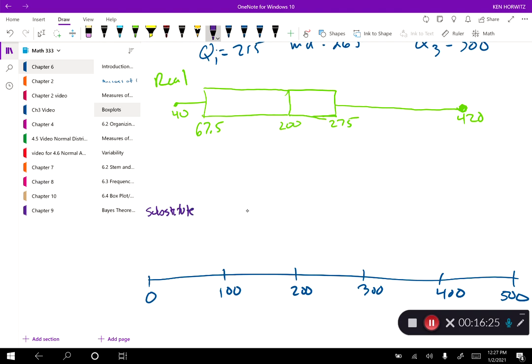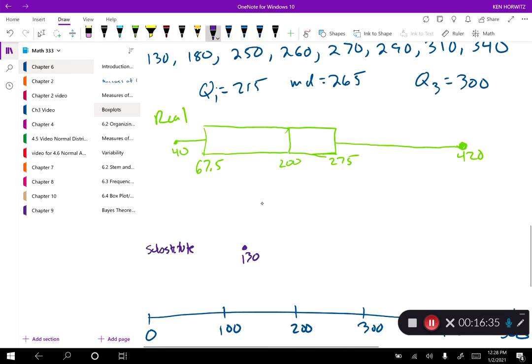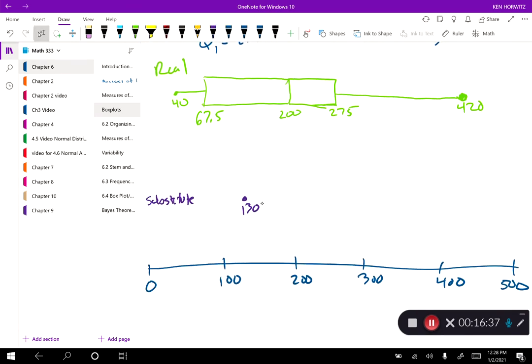And we're going to start at 130, which would be about here. And then we're going to go to where? Where's my Q1? Q1's 215, all right? So we're going to go to 215, which is just a little bit more than 200. All right, and now we're going to go all the way to 265.